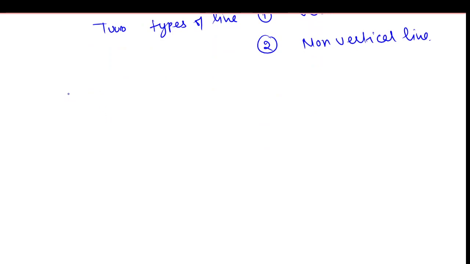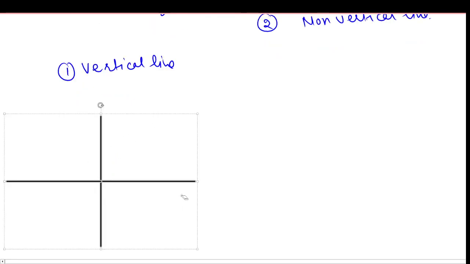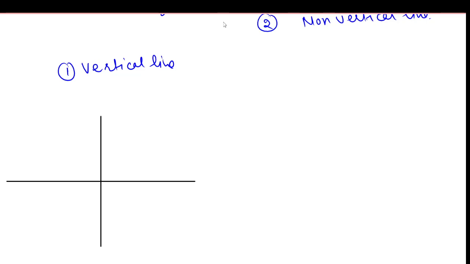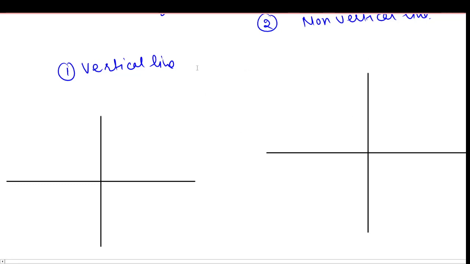This is how we represent it graphically. First is the vertical line. This is a Cartesian system, and a vertical line will intersect the x-axis at one point.